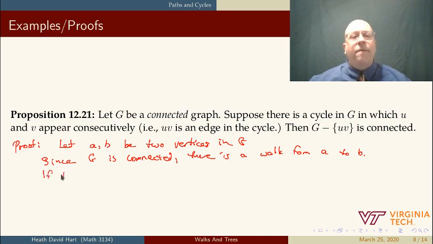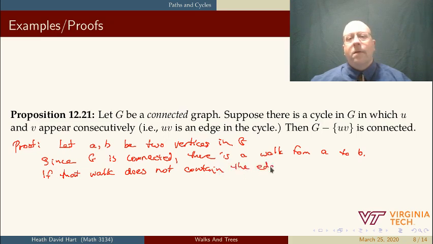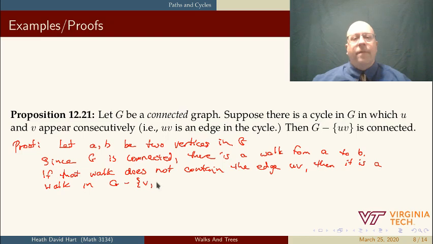If that walk does not contain the edge UV, then it is a walk in G minus UV. And so we're done.